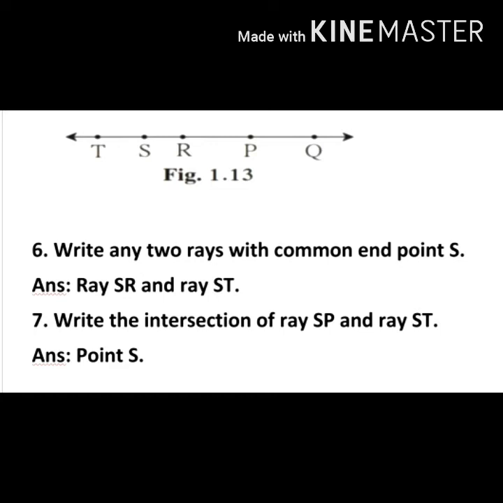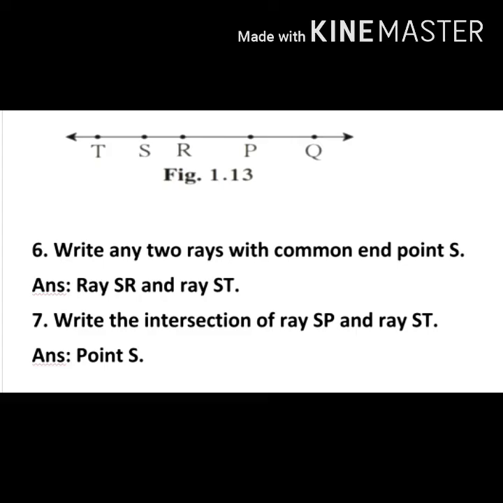Write any two rays with common end point S. Ray SR and ray ST are the rays that have the common end point S. The answer is ray SR and ray ST are the two rays with the common endpoint S.